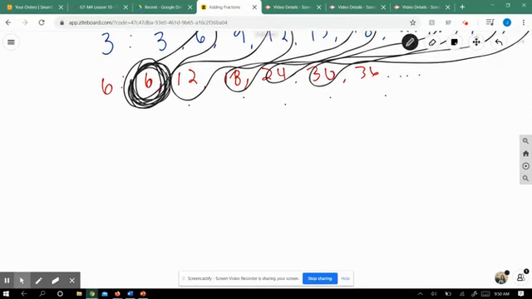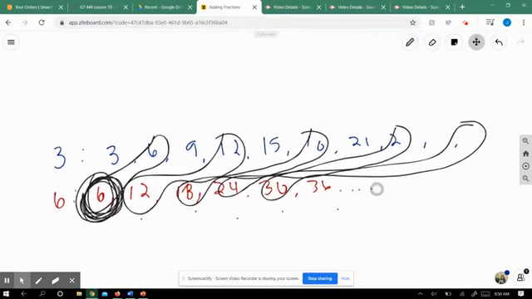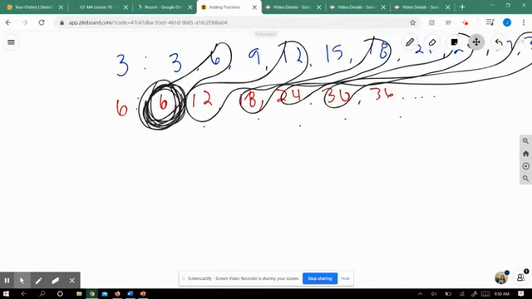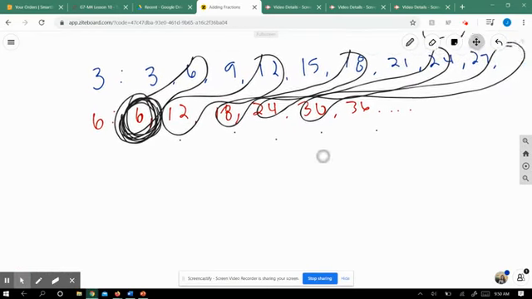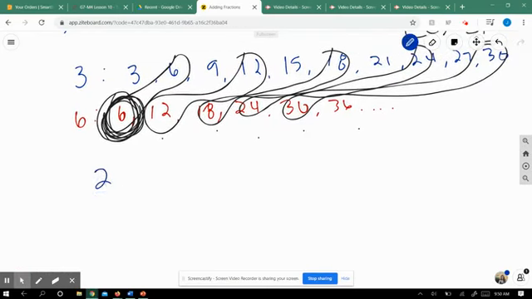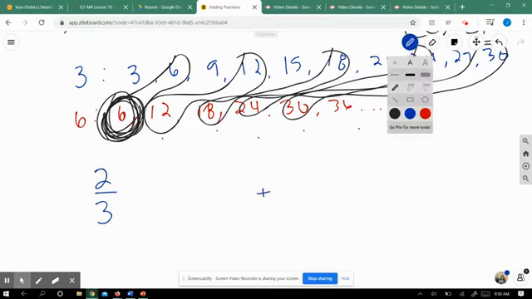So again, I'm going to go ahead and bring my fractions down. I started with 2/3, and then I also had 1/6. But now I know that my new denominator is going to be 6.